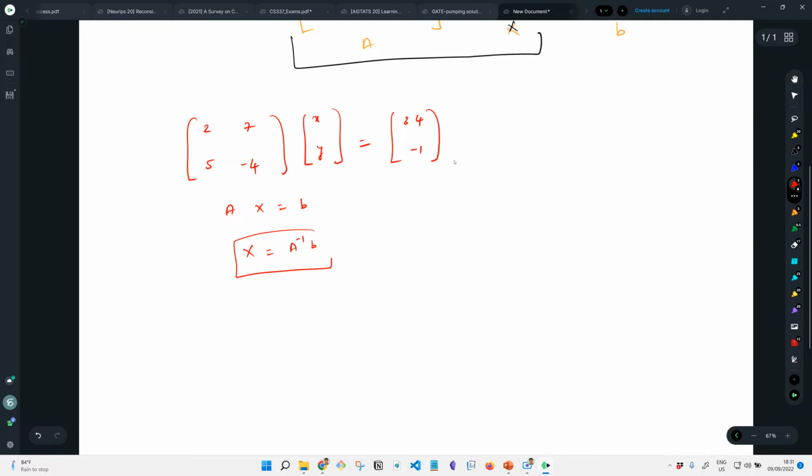Now here I will ask one question. This is correct. Now let's say in general I have 3x equal to 6, right? Then what is x? x is 3 inverse into 6, correct? This will give me 1 by 3 into 6 equals 2. Is this correct?